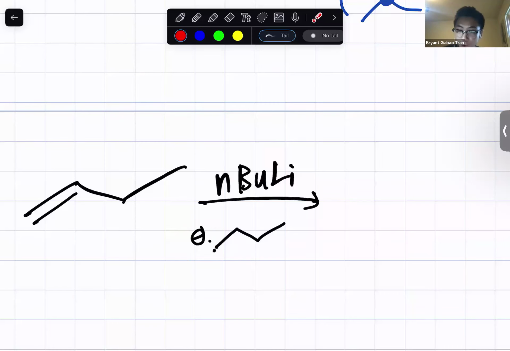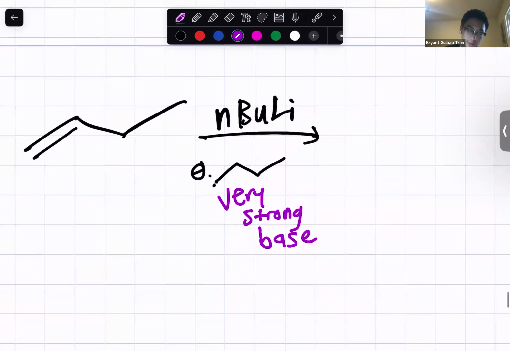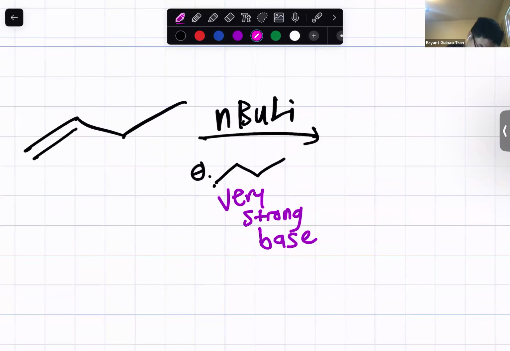When we have a very strong base, right, we have to look for our most acidic hydrogen to deprotonate. And the most acidic hydrogen is going to be the one that gives us the most stable conjugate base.